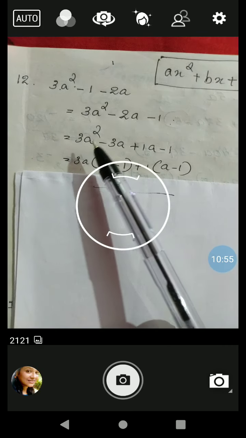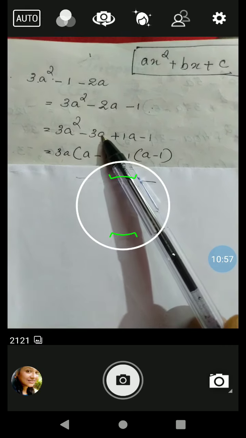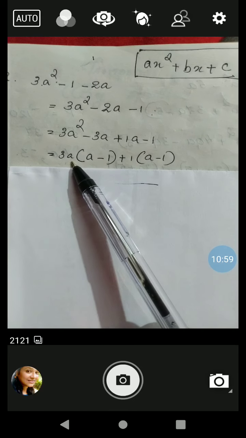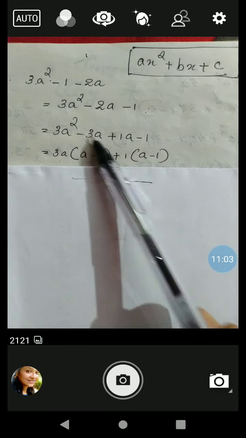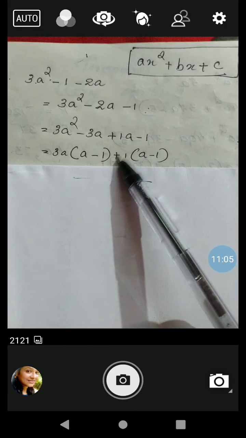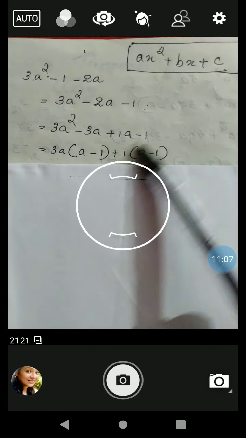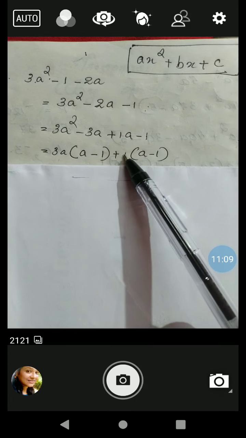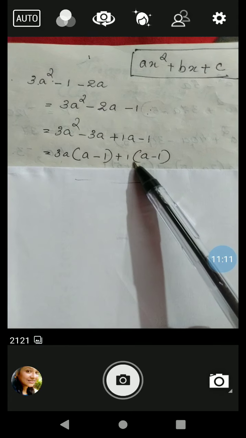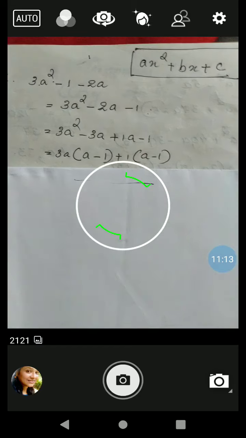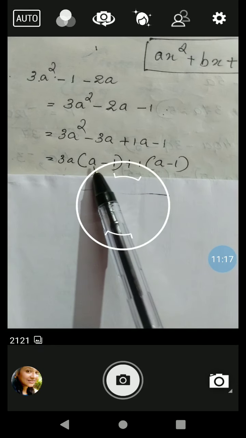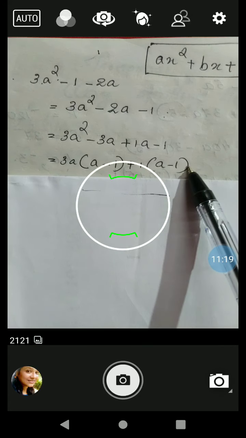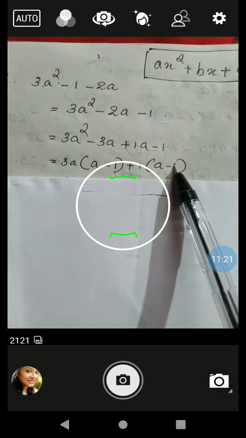Now take these two as one group. What is the common factor? 3a is common. Inside, a minus 1. Plus, in these two terms, 1 is the common factor. Take it outside, into a minus 1. Now it is very clear that a minus 1 is a common factor in these two terms.